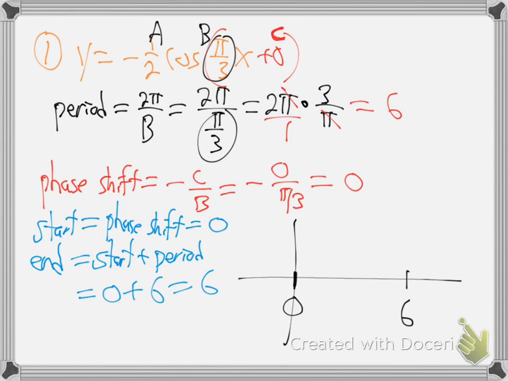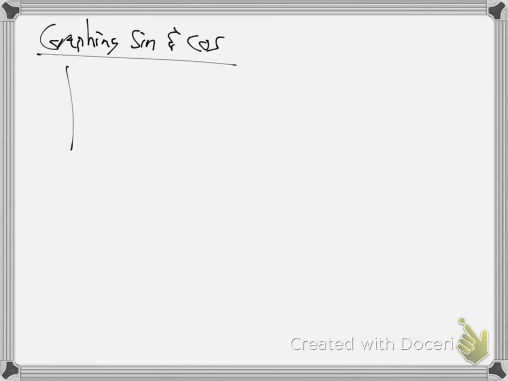Okay. And so what I'm going to put between 0 and 6 is a cosine graph. What's a cosine graph? The upside down U-shaped. In fact, let me just go to this screen and write that up, so it'll be on the YouTube also. Graphing sine and cosine. So we know sine starts in the middle, goes high, goes low, back to the middle. Cosine starts high, goes low, comes back high.